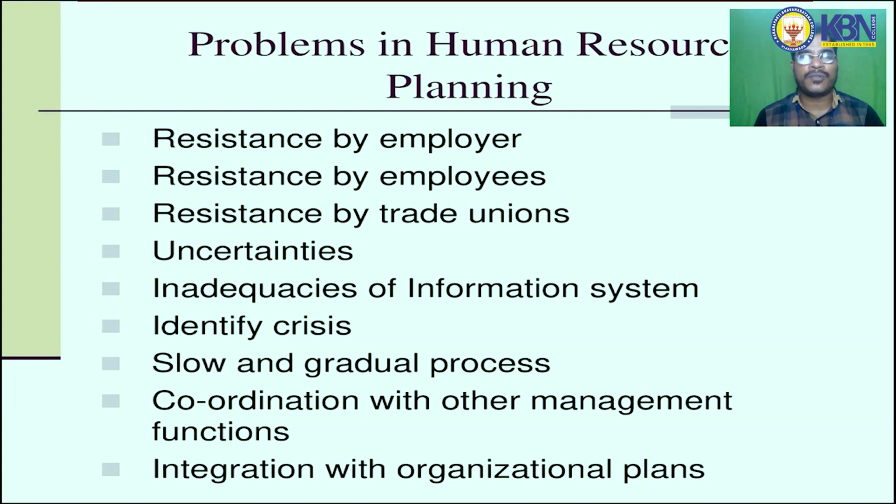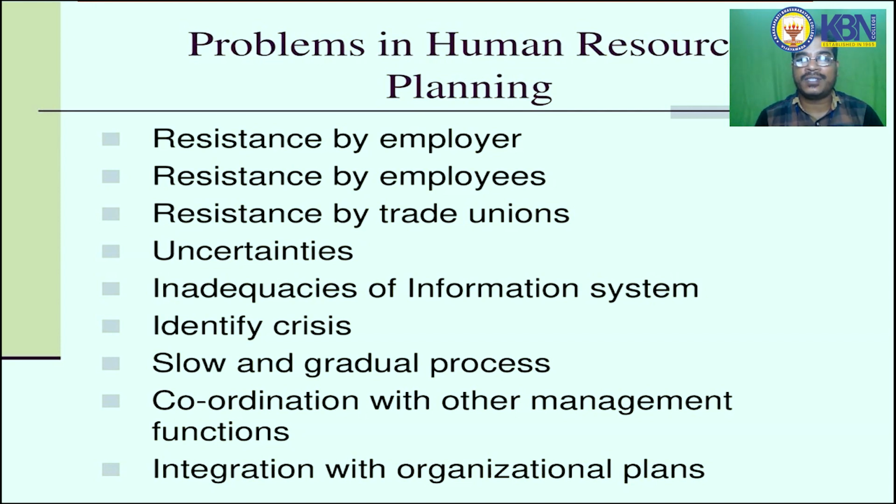Again, the employees also are not ready to change themselves according to the ongoing situation. So at that point of time also, there is resistance by employees. And moreover, see, sometimes trade unions also are not ready to change themselves. So at that point of time, human resource planning gets disturbed, and due to some uncertainties, human resource planning also gets affected.